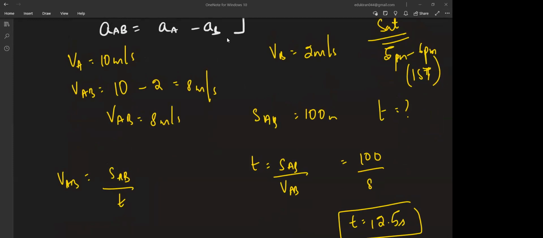Done. Siddhika, you can leave. You had to go somewhere, no? You can leave. Yes, ma'am. I'm still writing.